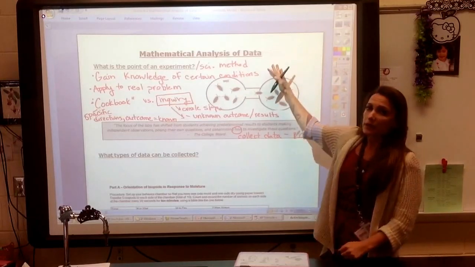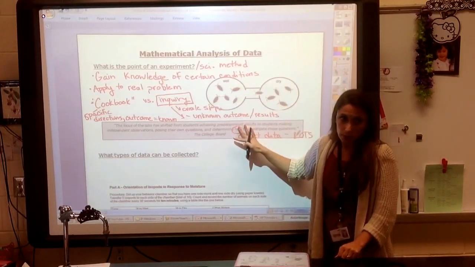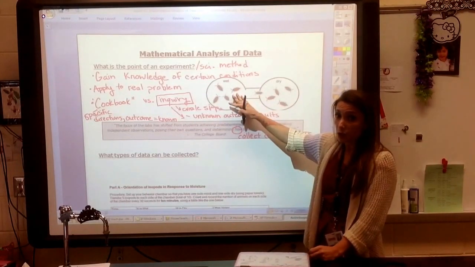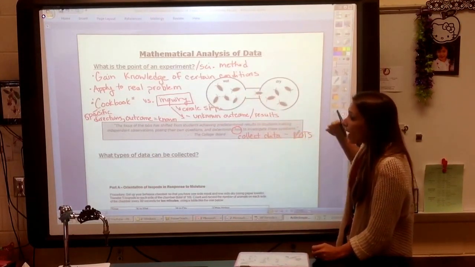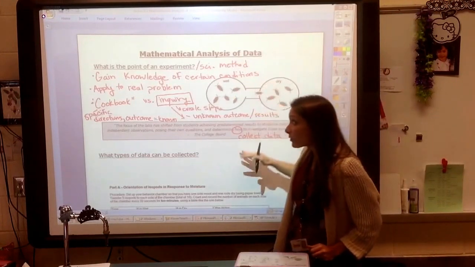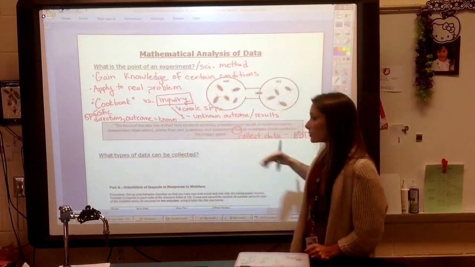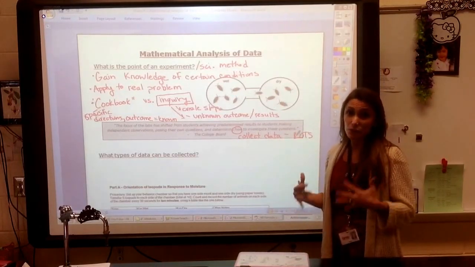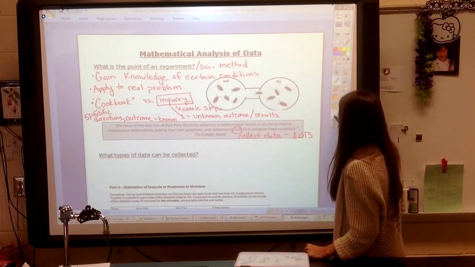So we've reminded ourselves why we do experiments. We're trying to gain some sort of knowledge that we can apply to a real world problem. But we actually want some sort of valuable knowledge, and that comes from collecting data, being able to have actual information at the end of an experiment.